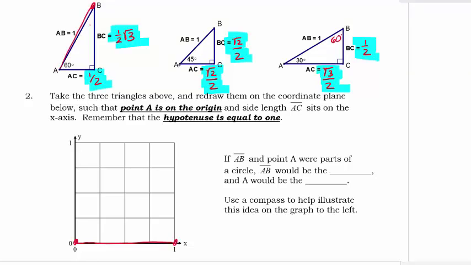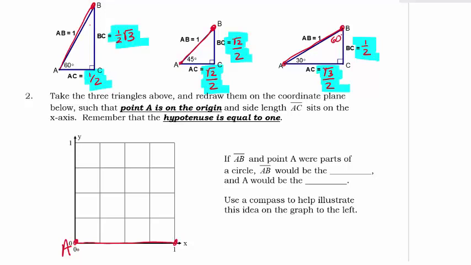That's equal to 1. AB here is equal to 1. These should be equal, but this triangle is drawn a little smaller. And AB here is equal to 1. Okay? So we're going to make sure that point A is on the origin, and side length AC sits on the x-axis. Remember that the hypotenuse is equal to 1.